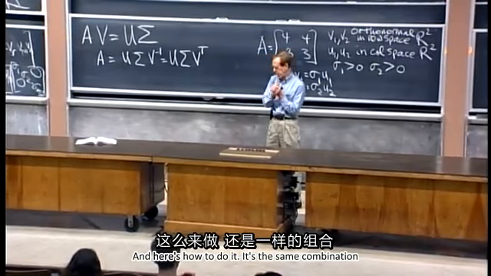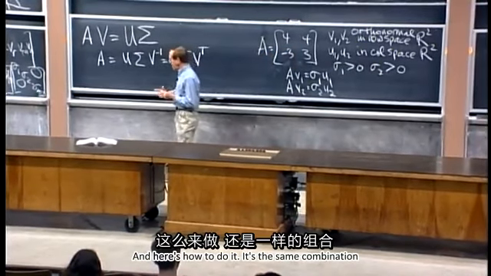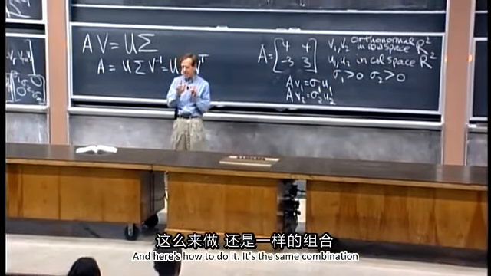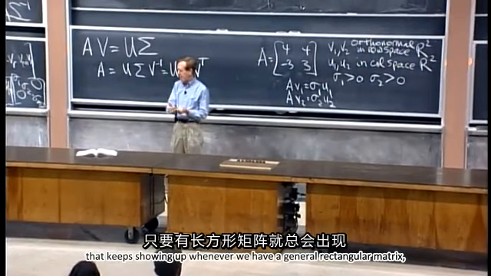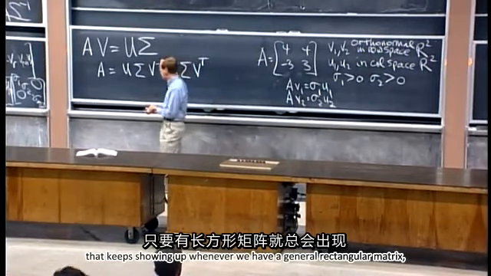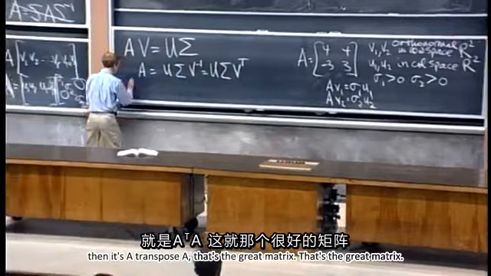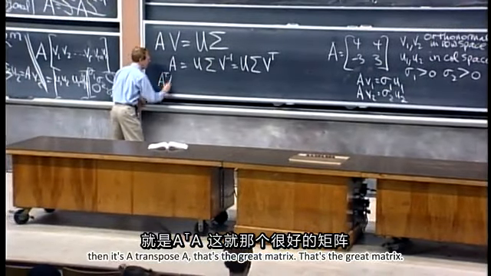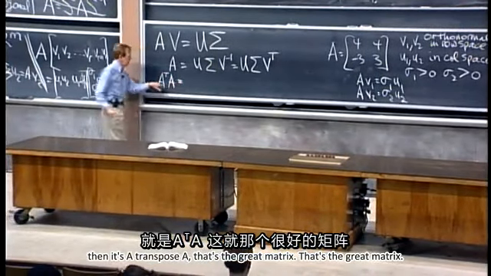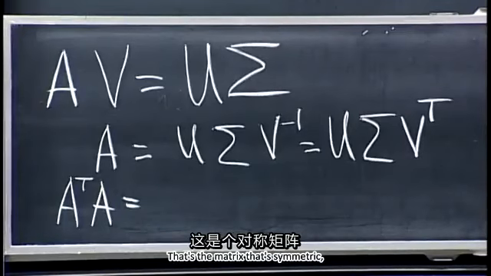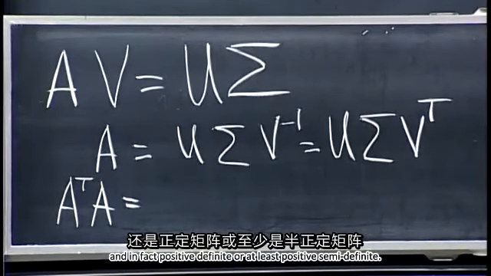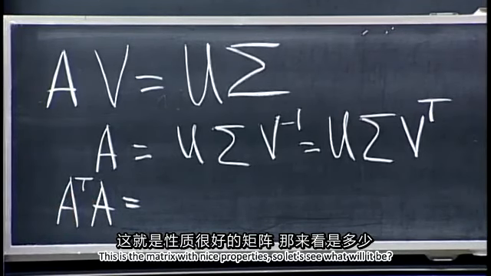And here's how to do it. It's the same combination that keeps showing up whenever we have a general rectangular matrix: A transpose A. That's the great matrix. That's the matrix that's symmetric, and in fact positive definite, or at least positive semi-definite. This is the matrix with nice properties.